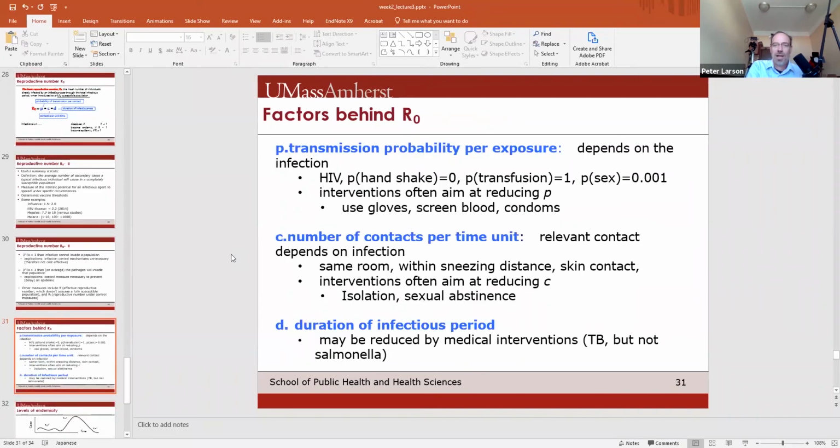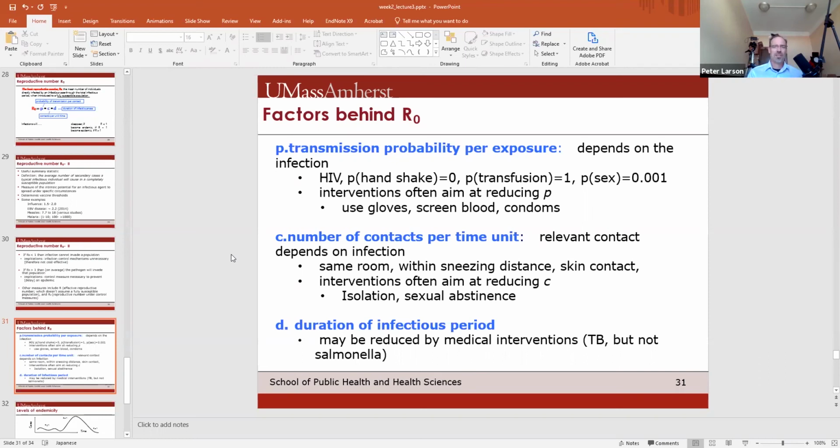The factors behind R naught: probability of transmission per exposure. So it depends on the infection. Some pathogens are more readily transmissible than others. For example, measles is one which is highly infectious upon contact. Brucella is another. Any contact with a single bacterium of Brucella will result in infection.